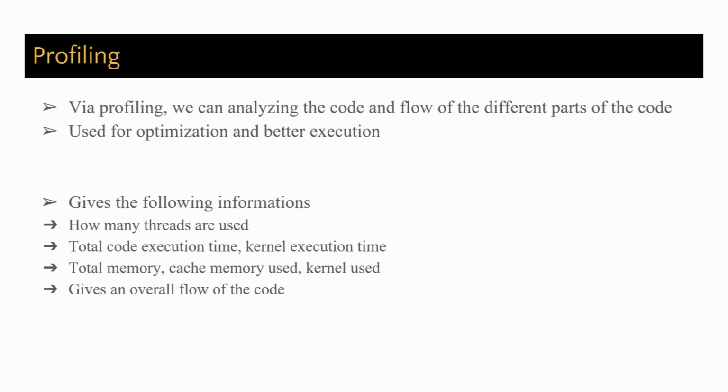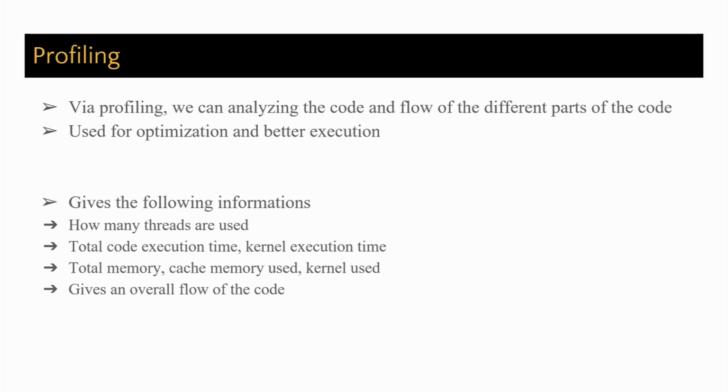Here we will do the profiling part. First, we have to know why we need the profiling of codes. Via profiling, we can analyze the performance of a program to identify the different bottlenecks and how the resources are used, like how much the GPU is used, how much kernel is used, and how much memory is used.